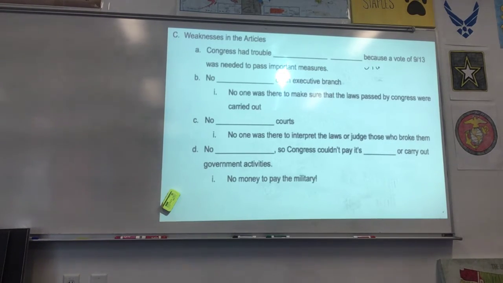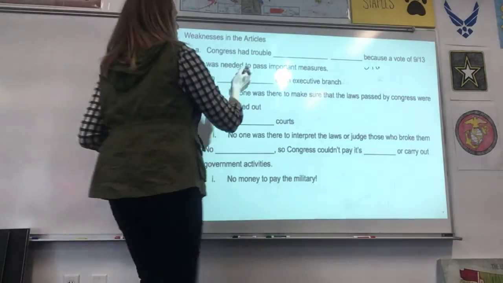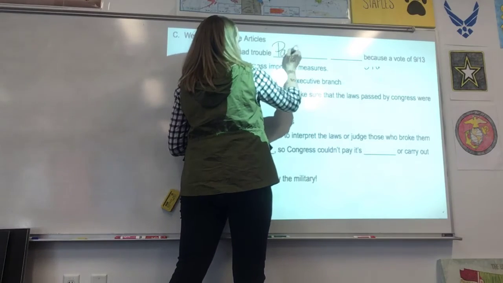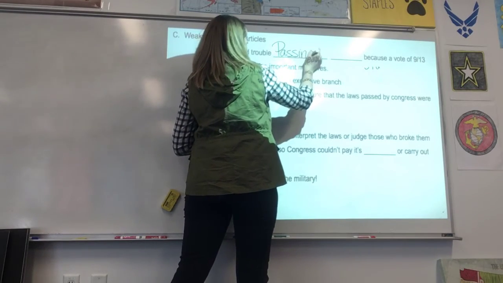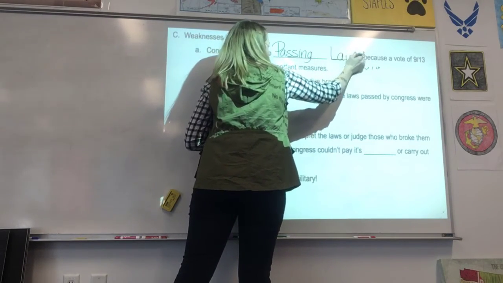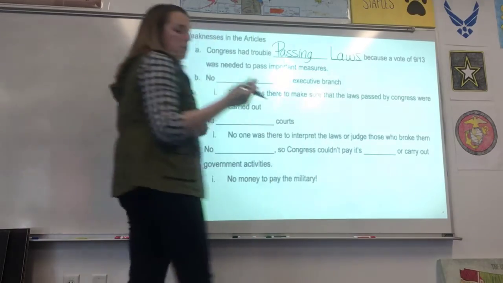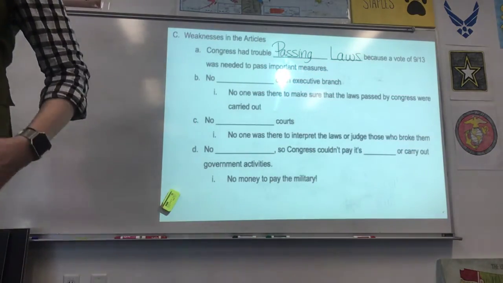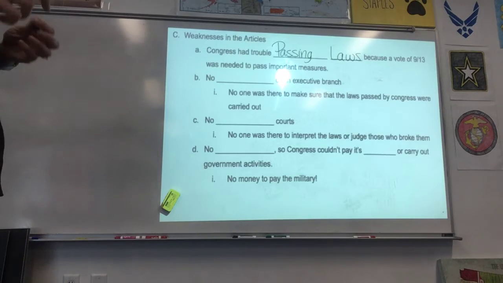Getting 9 states to agree to any change was very difficult. As we get farther along, we will talk about what it takes for a bill to become a law, but Congress passes those laws. Okay, a law does not come into effect unless Congress says so.